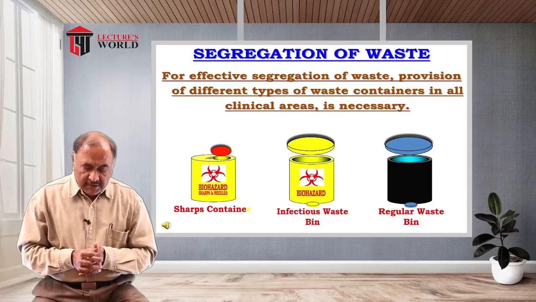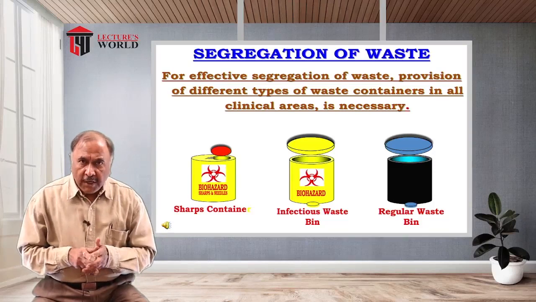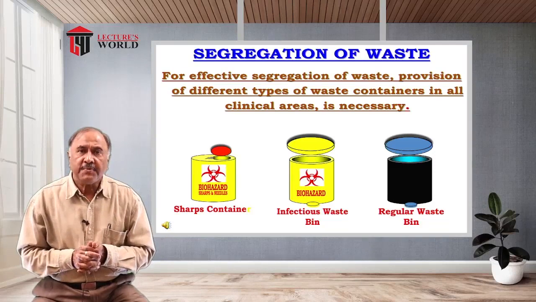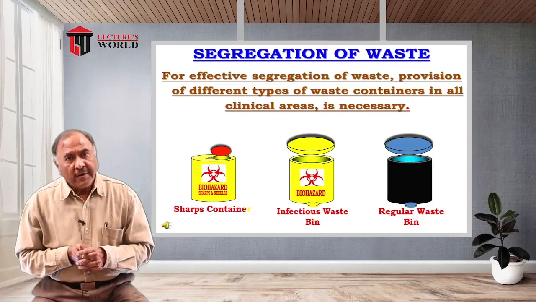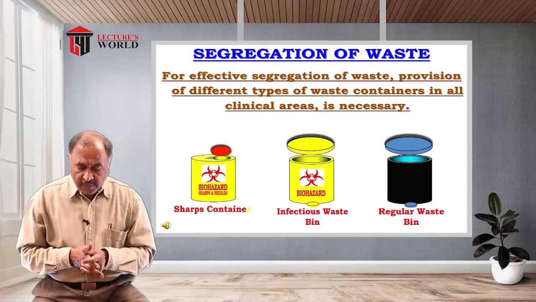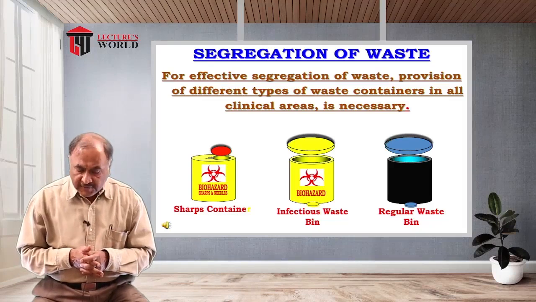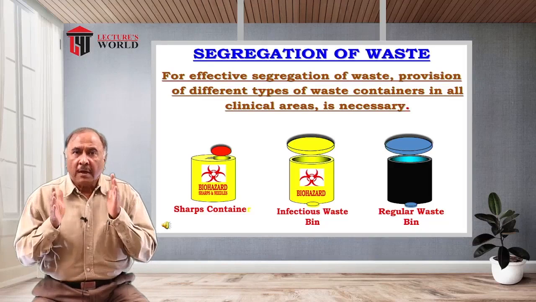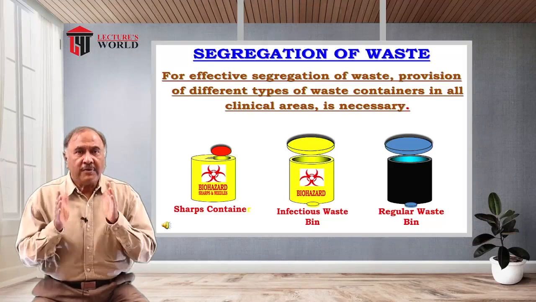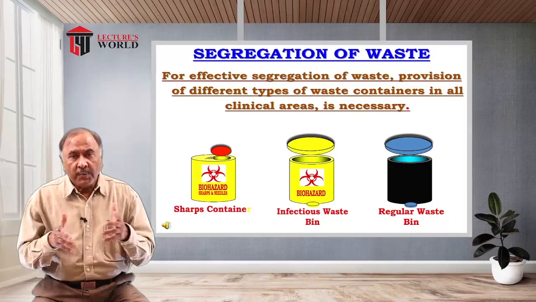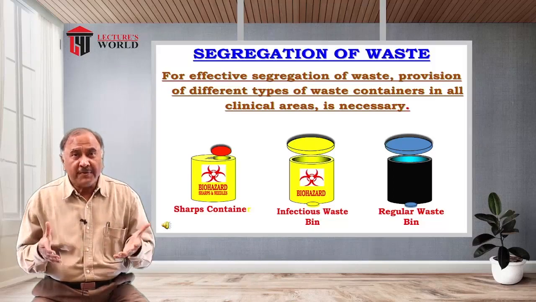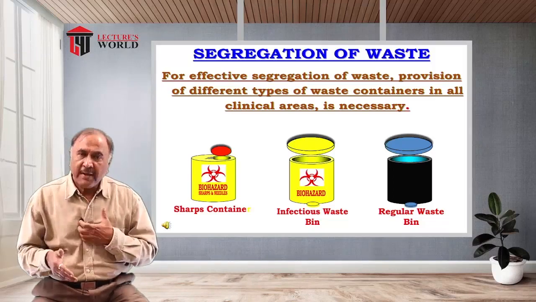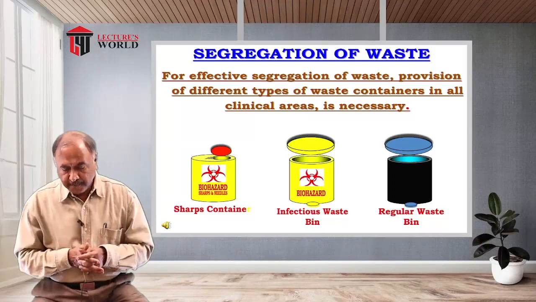For example, sharp containers where you can put needles and other sharp materials which have been used for inspection or treatment of the patient. Second one is the infectious waste bin, which would have the body fluids, tissues, biopsies, or vomit, or urine, or stool passed by a person.